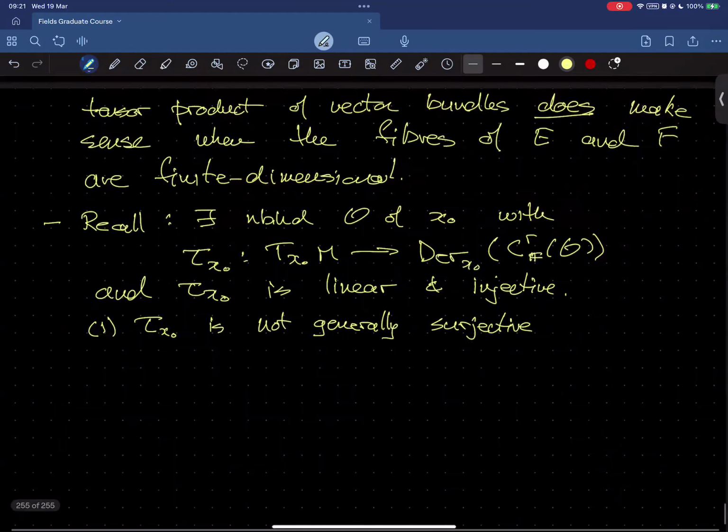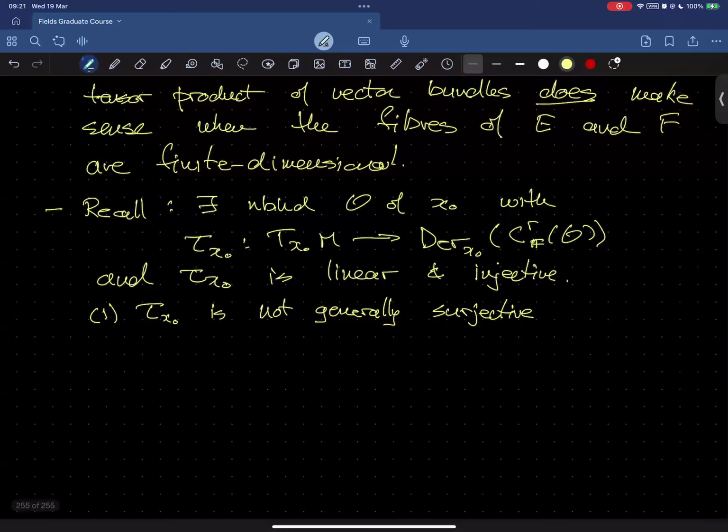But it's certainly not true for general locally convex spaces. But I forget what the status is for Banach manifolds. My guess is for Banach manifolds, it's not generally true, but I don't know for sure. All right, so that's one part of this.